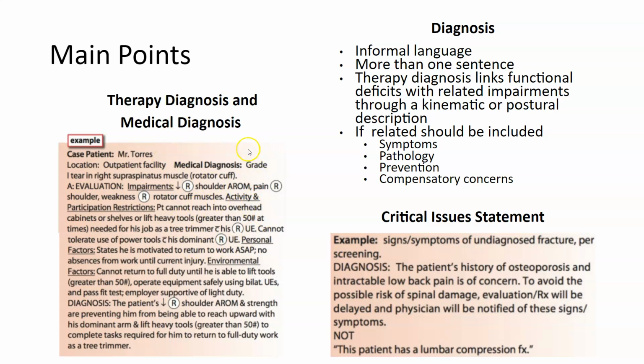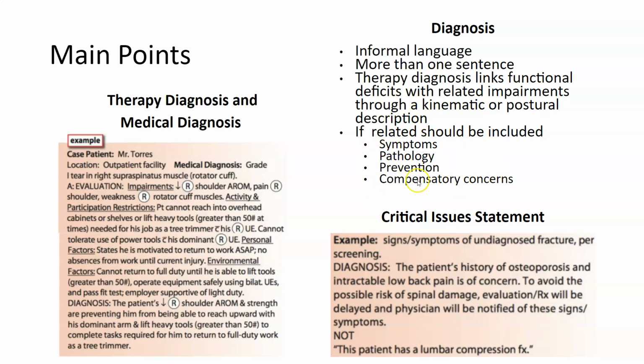But you can see they are sometimes included in both ways. It's important that these are done in more informal language, and it's more than a single sentence associated with that. When we get into our actual diagnosis component, it's going to be more than just their diagnosis, as we see in some of these examples.